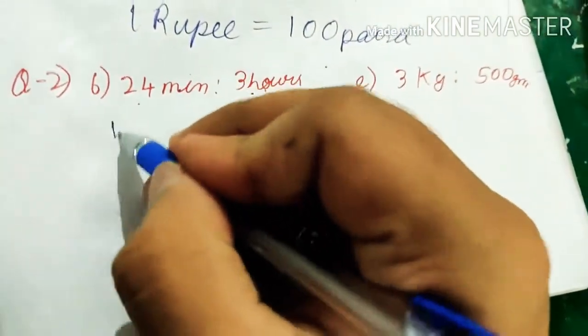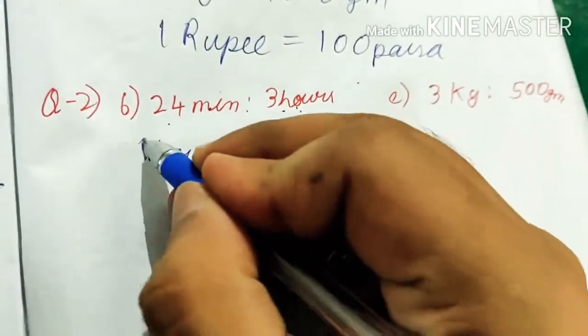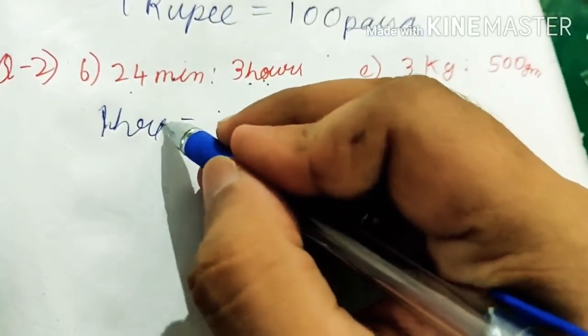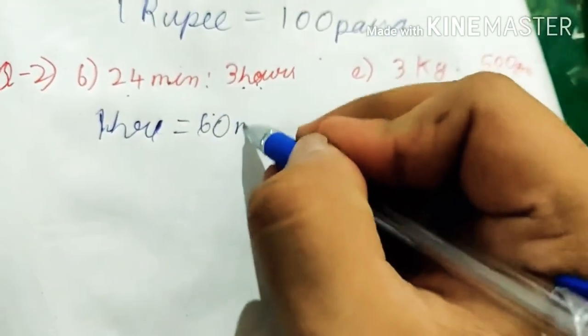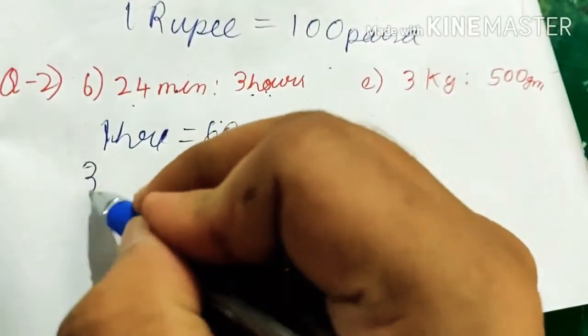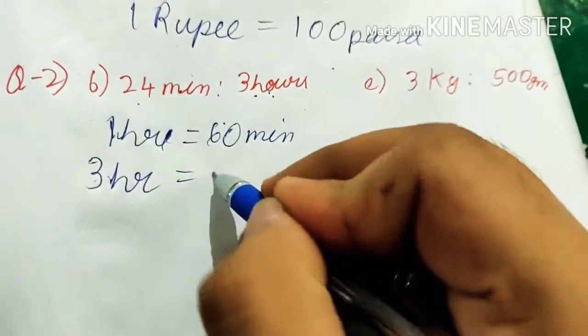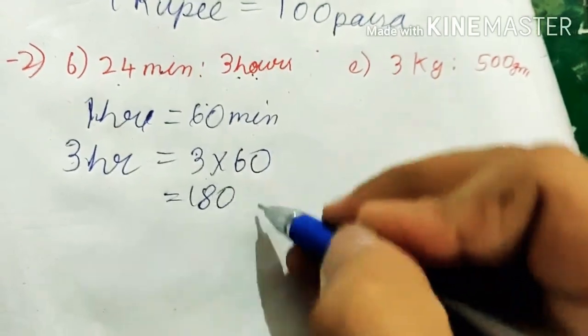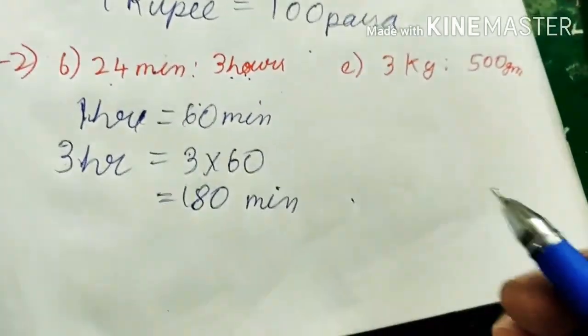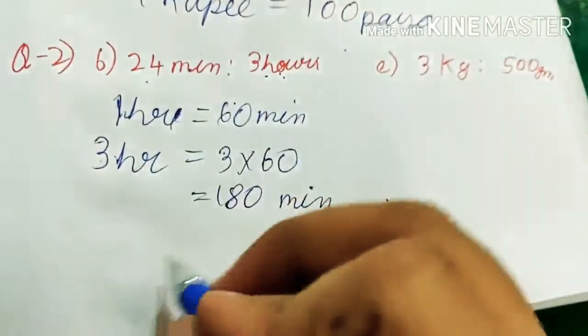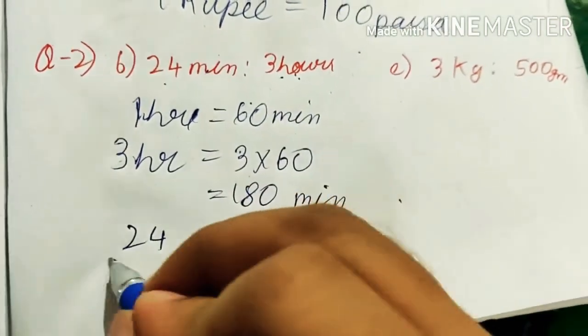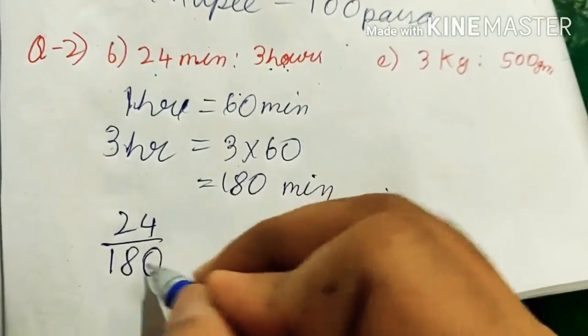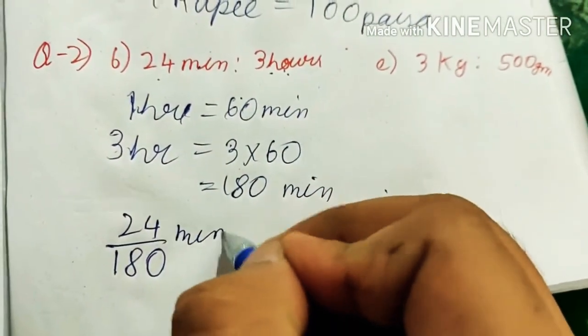So 1 hour is equal to 60 minutes. 3 hours will be equal to 3 into 60, that is 180 minutes. So you have to find the ratio of 24 and 180 minutes.